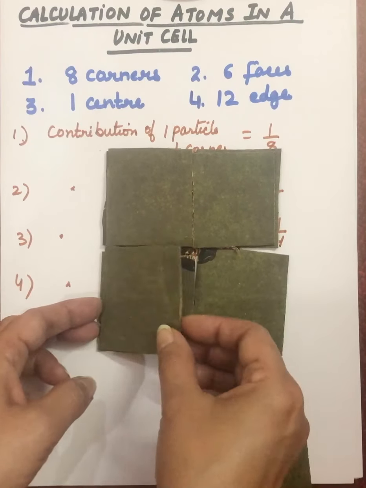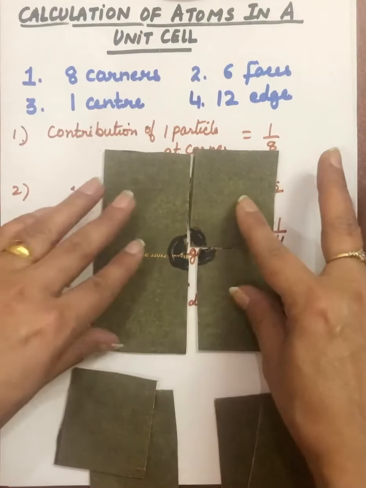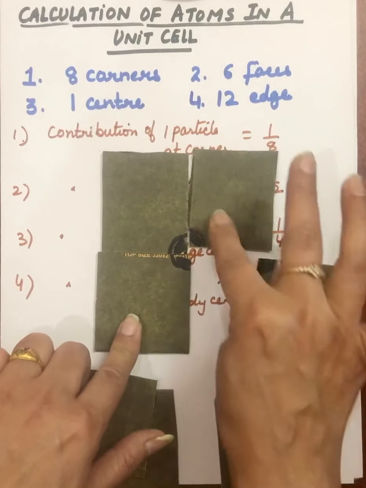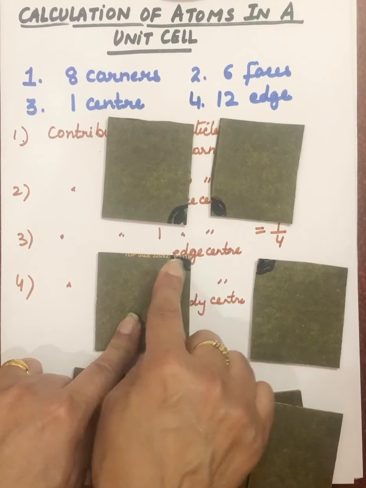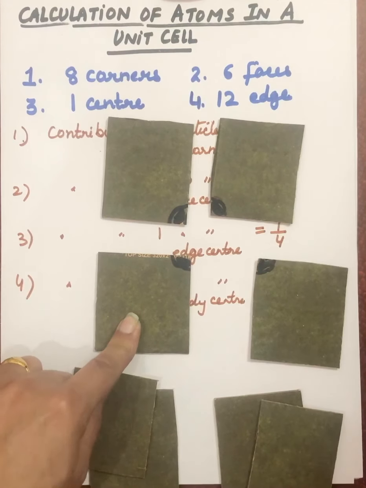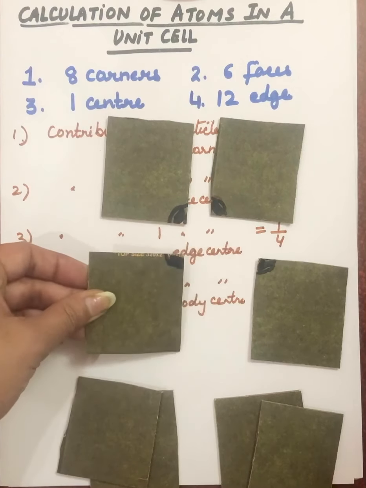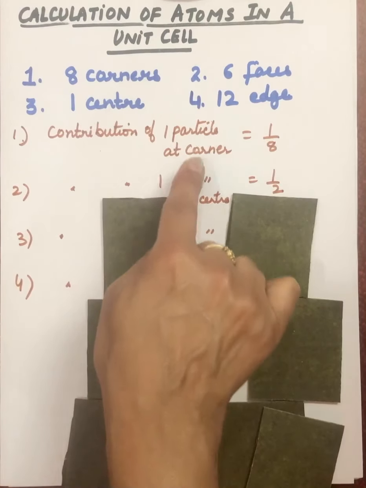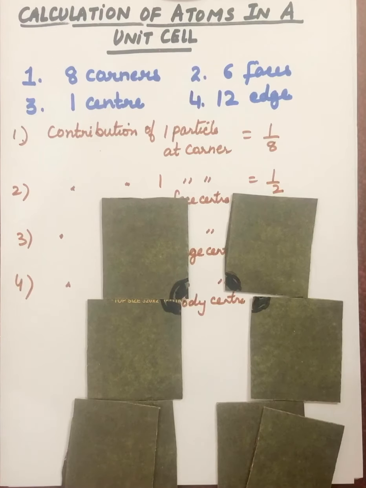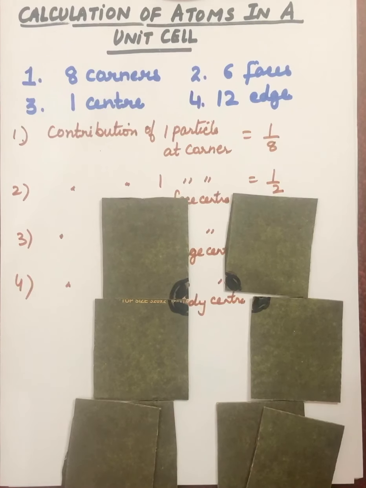So this particle at the corner of one unit cell is shared by 8 unit cells. So how much is it contributing to this one unit cell? It's 1/8 part. So contribution of one particle at corner is 1/8.